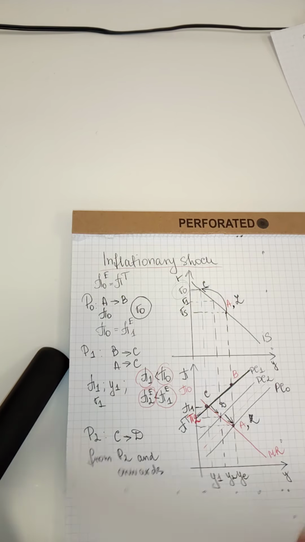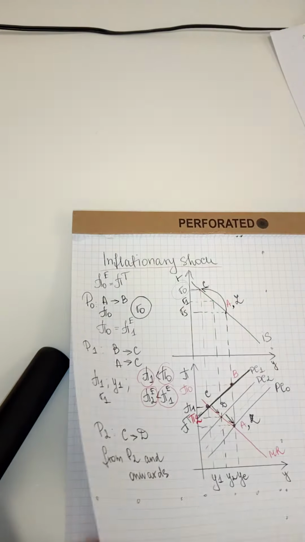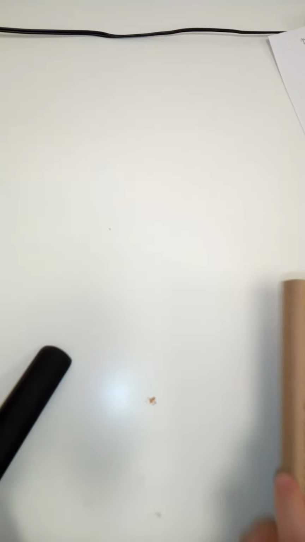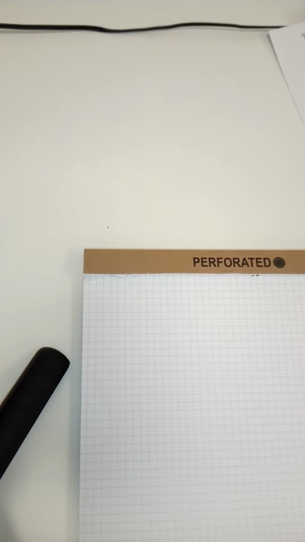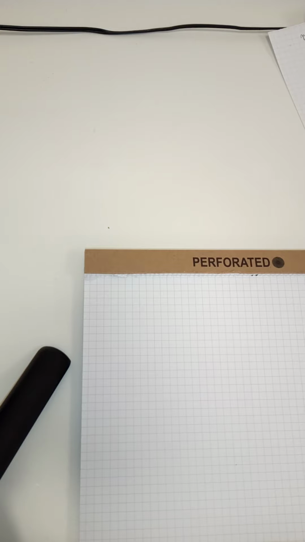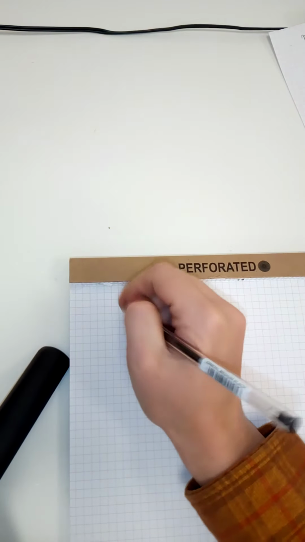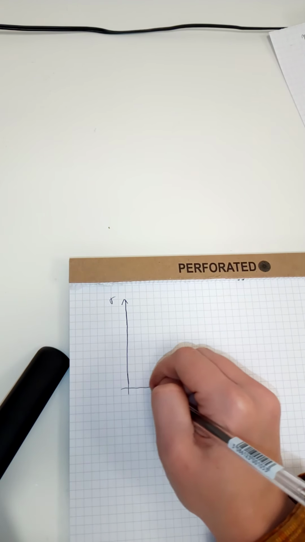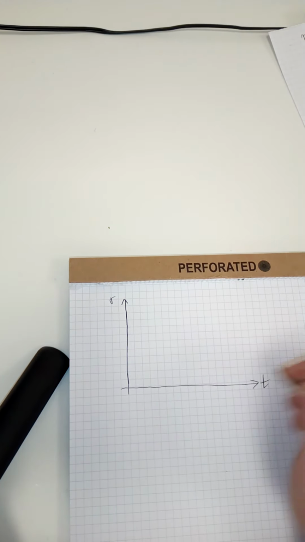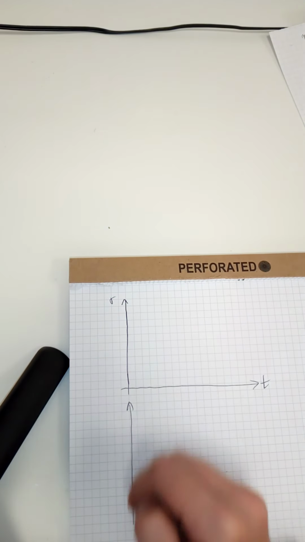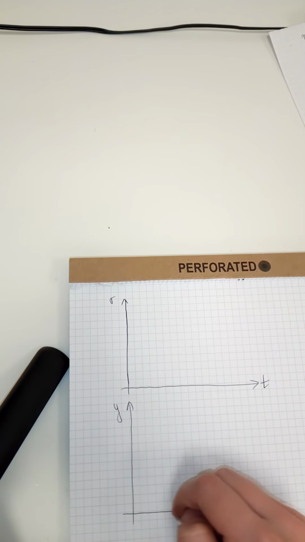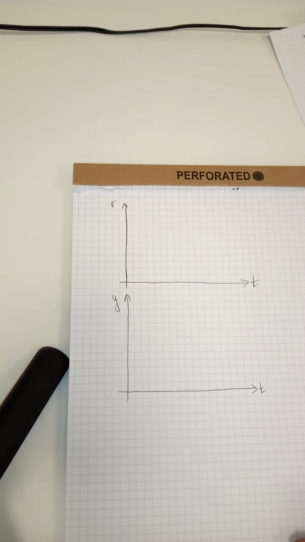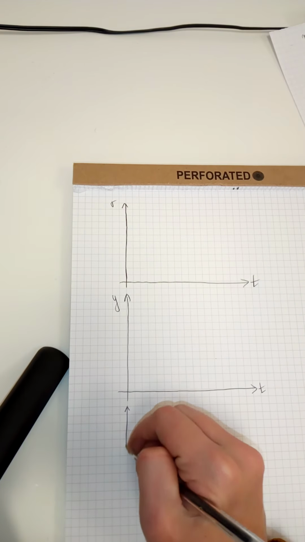One more thing, we have to discuss the idea behind response functions. Okay, so we have three variables of interest, which are the real interest rate, output, and the rate of inflation.